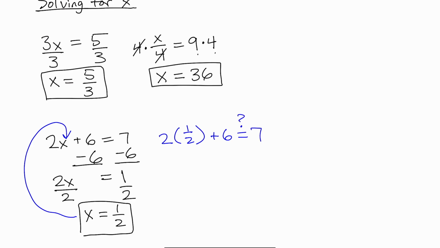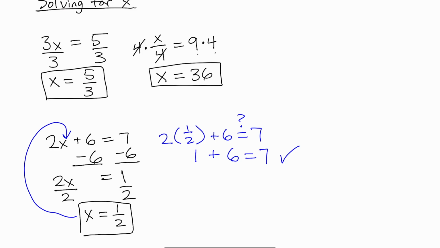And I'll put a question mark there because I'm not sure if they're equal. 2 times 1/2 is 1/2 plus 1/2, so that equals 1. 1 plus 6 does indeed equal 7, so we know that we found the right answer for x.